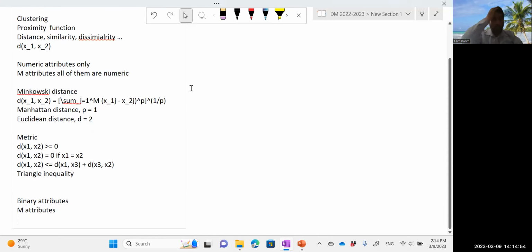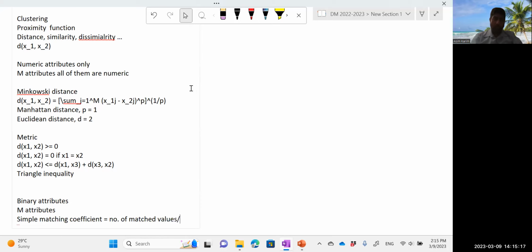The most common way to quantify the similarity between two observations described by binary attributes is called the simple matching coefficient. We talked about this before as part of association mining. Basically this is the number of matched values divided by M, where M is the total number of values in each observation.